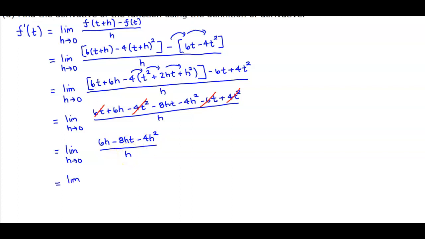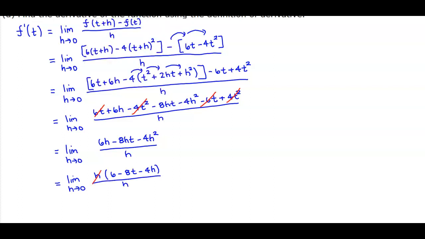So in the numerator we can factor out an h. So we have 6 minus 8t minus 4h, and that's divided by h.